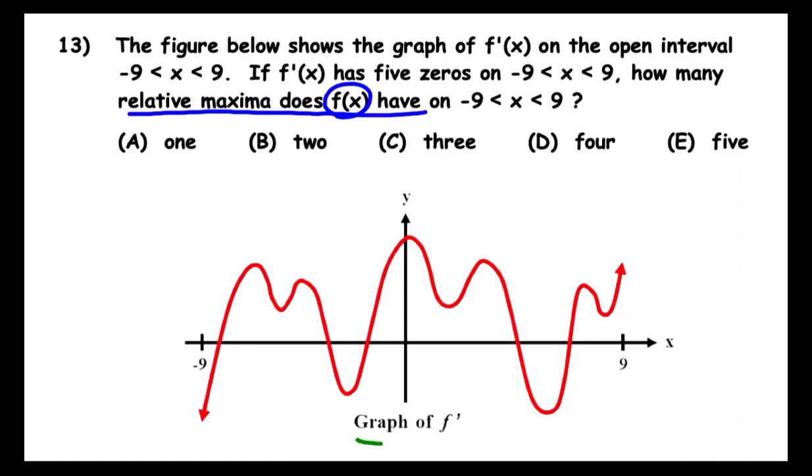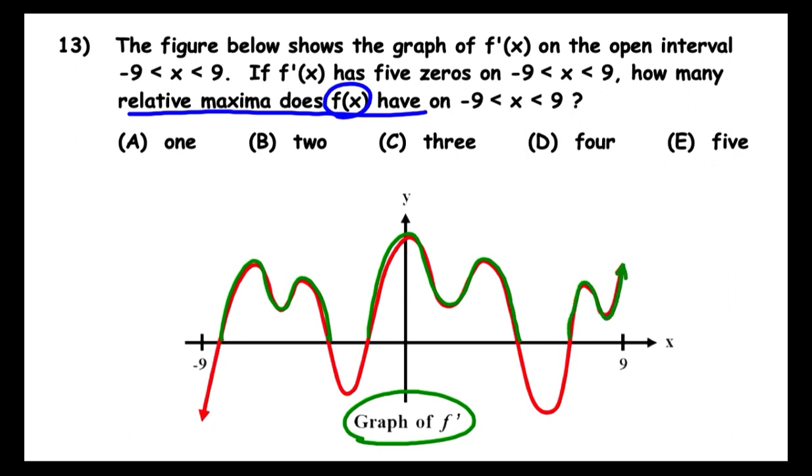What I know about derivatives is this. If f prime is positive, meaning I'm above the x-axis, let me color that portion of the graph green. All of this part of the graph, the derivative is positive.